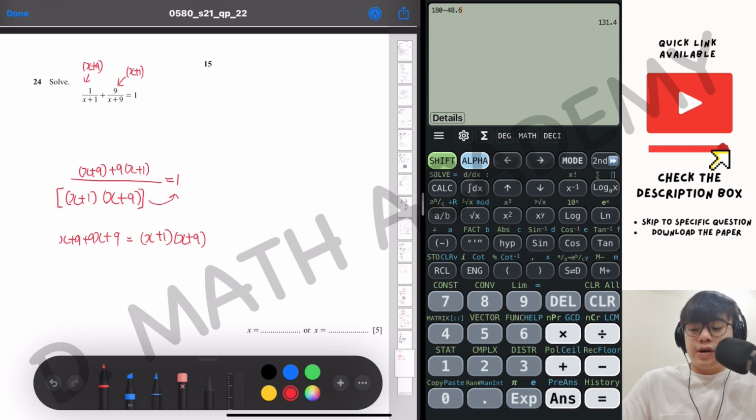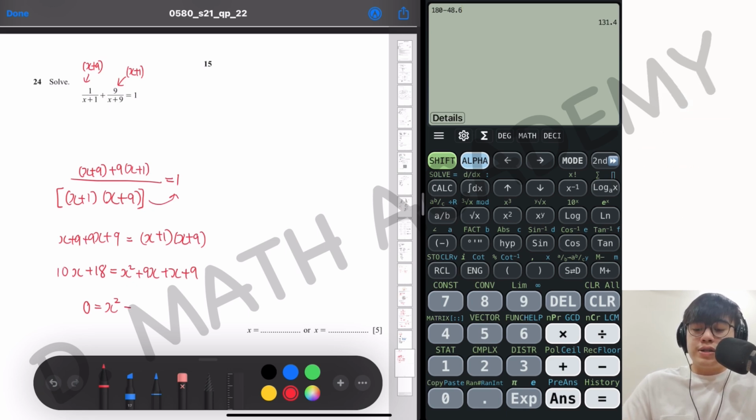So when you continue your calculation, you will get your results as 10x plus 18 equals x squared plus 9x plus x plus 9. We adjust this, transfer everything to one side. You actually have x squared only and a minus 9 here.